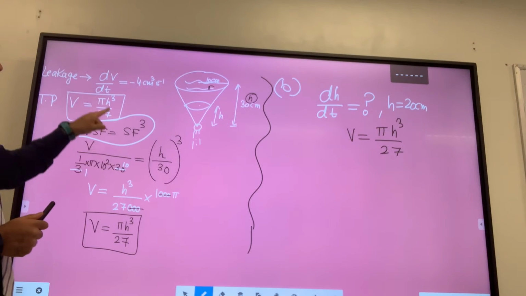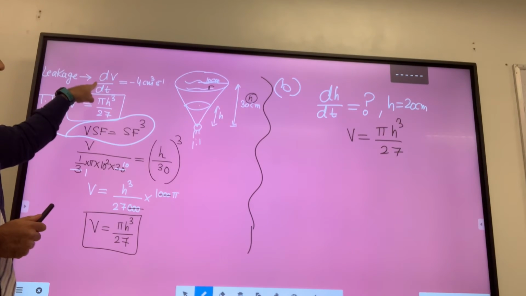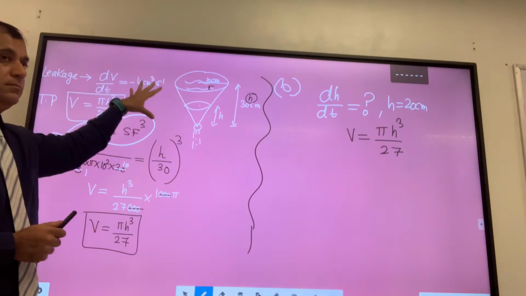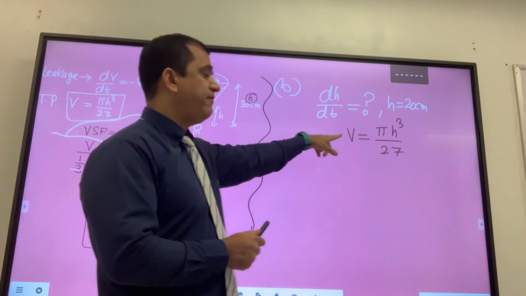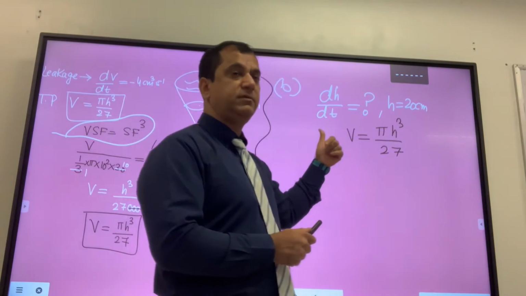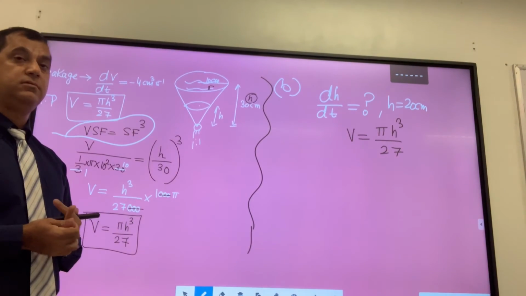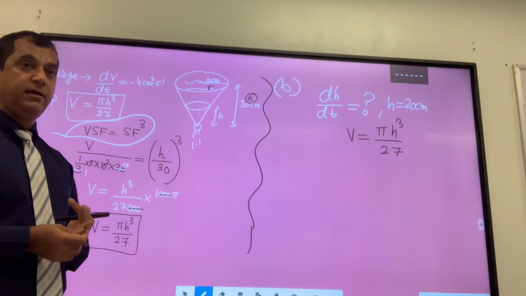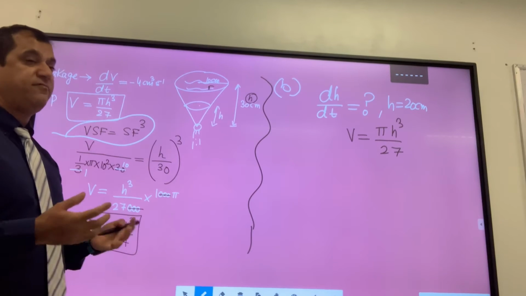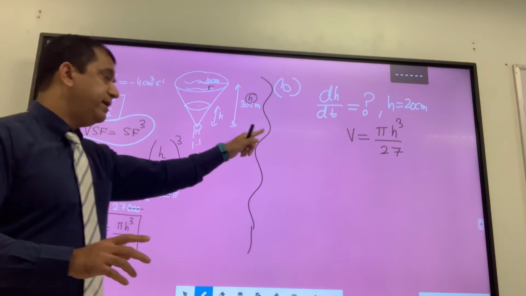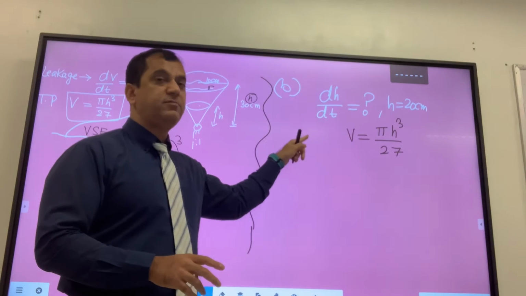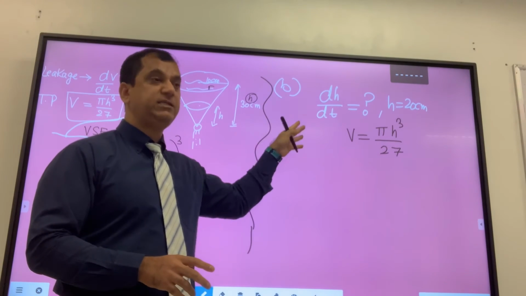Do we know dv dt? Yes. We have v here, we have h here. What should we do? Take derivative with respect to t. If we take derivative with respect to t, we can find, or from here you find derivative with respect to h.